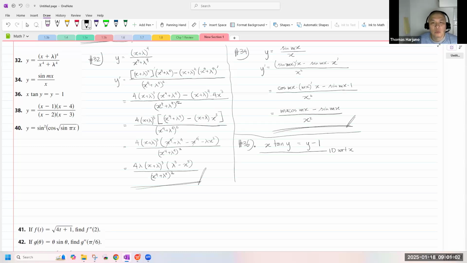On the left hand side, we have product rule, right? 1 times tangent y plus x times the derivative of tangent y, which is secant squared y times y prime, equals y prime minus 0. Oh, I think this one is not that bad, huh?